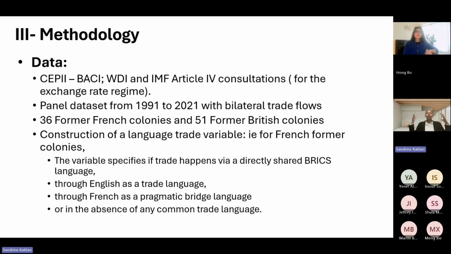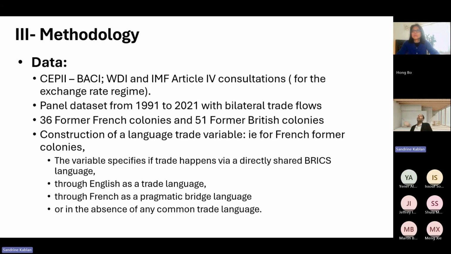As I said, it's a panel data set related to former colonies. So we have 36 former French colonies and 51 former British colonies. We also had to construct a language trade variable. Why?